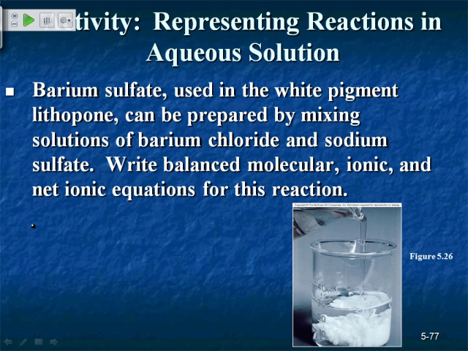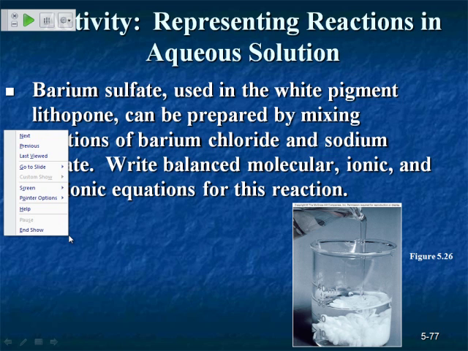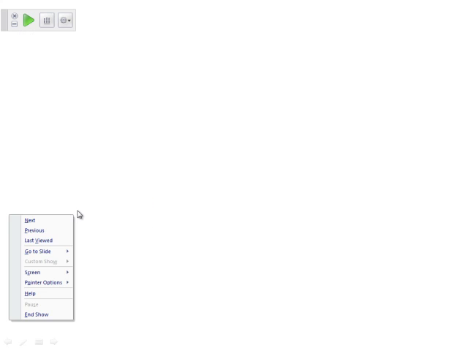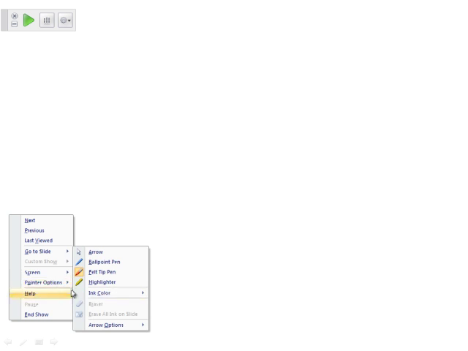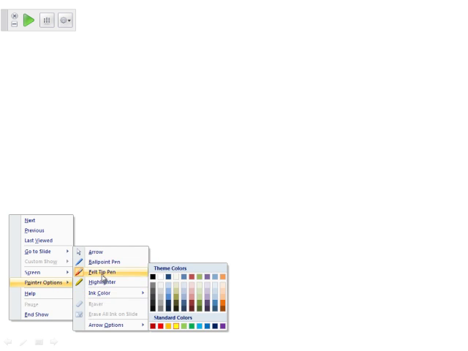Let me get a new page, because I won't be able to write everything down in the space provided. Okay, so we said we mix what? Barium sulfate. Yeah, sulfate. Read the question again.